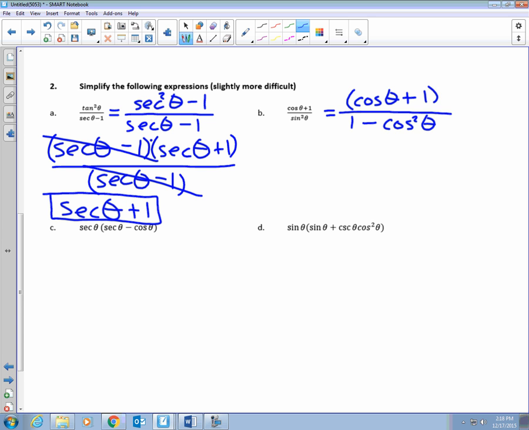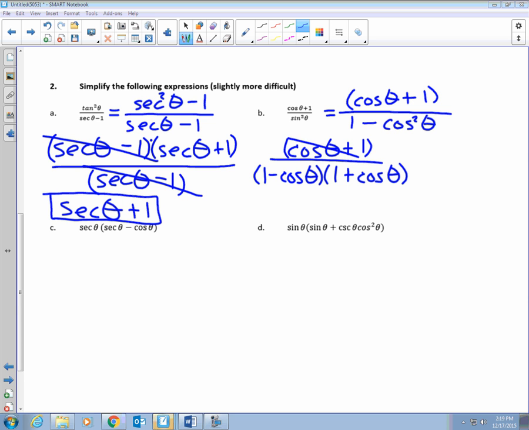1 minus cosine squared. What can you do with 1 minus cosine squared? Yeah, expand it. What do your notes say? 1 minus cosine and 1 plus cosine. Is cosine plus 1 and 1 plus cosine, are those the same? Yeah, it's okay to move addition around, isn't it? Is it okay to do that with subtraction? No, but addition it is.